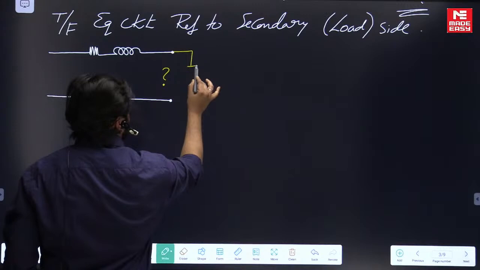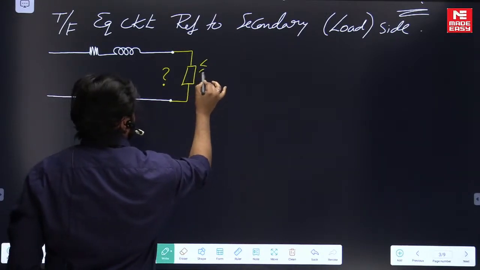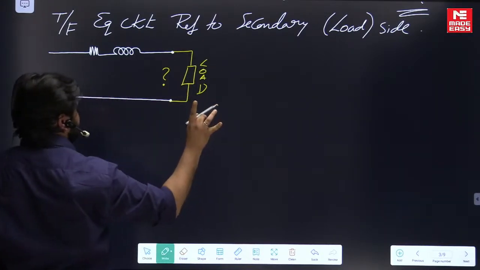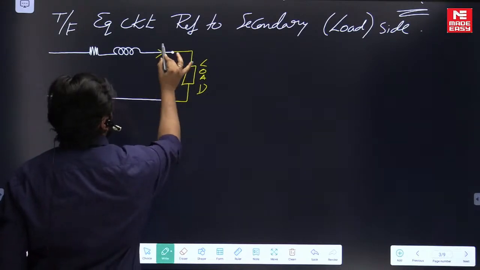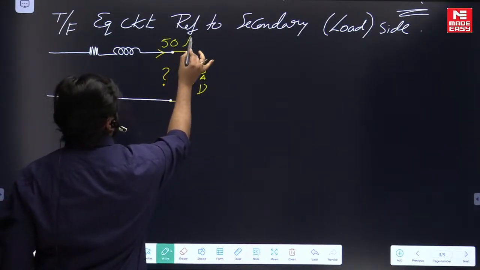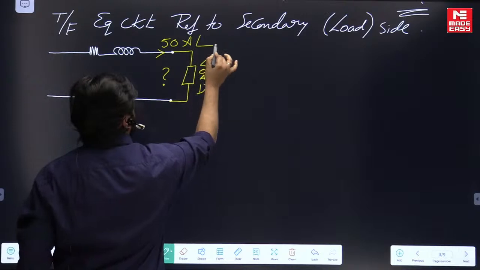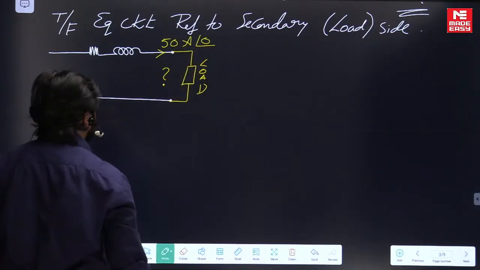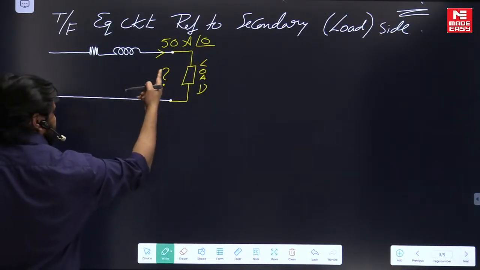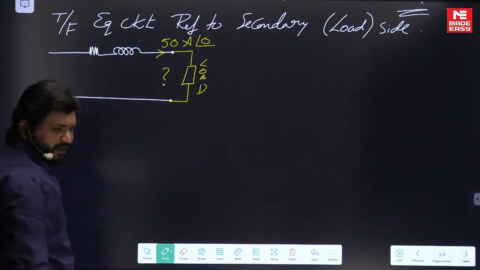There is some pure resistive load, due to which a 50 ampere current is passing. So 50 ampere at an angle 0, resistive. Then what is the voltage across the load? That is the question.